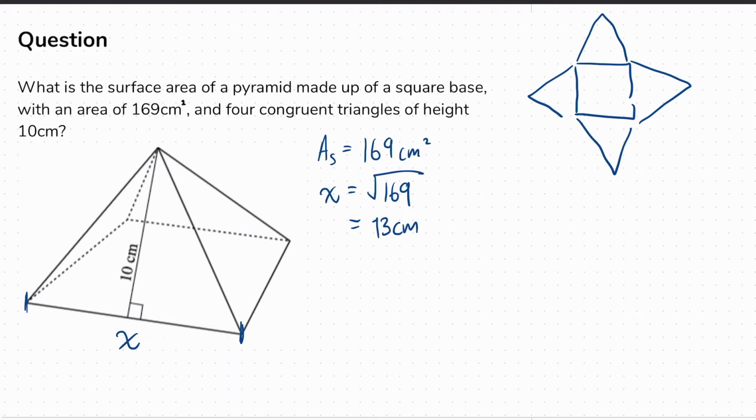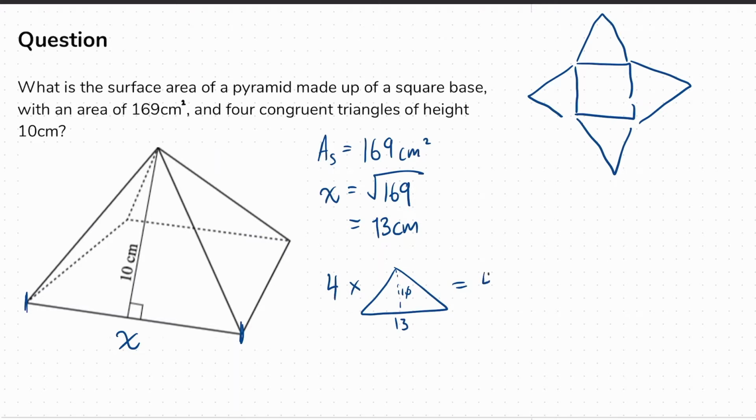Why is that helpful? Well, it tells us the base of each of these triangles. Because if I have 4 times this triangle here, where this is 10 and this is 13, then I can find the rest of this area.